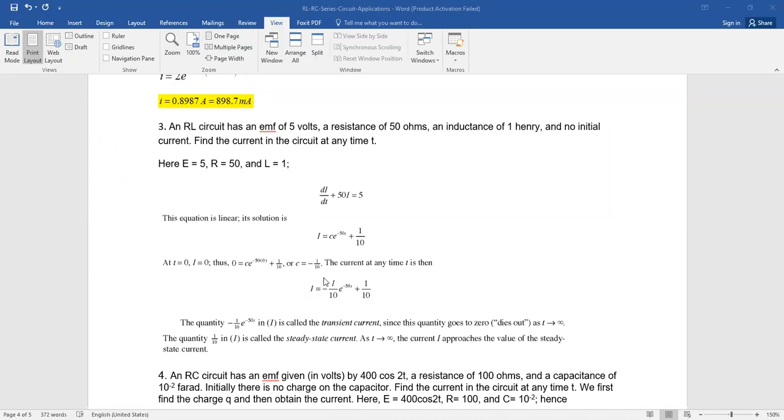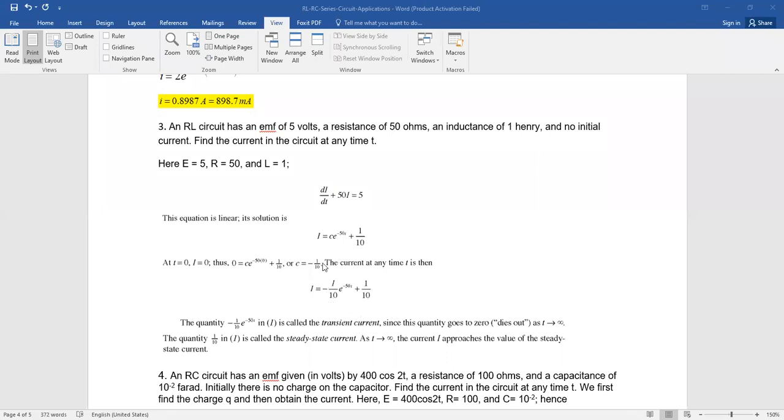Whenever you see a constant in the formula you derived, that is already your steady state current. Why? Because that's the only thing that is left when all the other terms have values equal to zero. But in the case of the RL circuit, class, we will only have two terms anyhow.